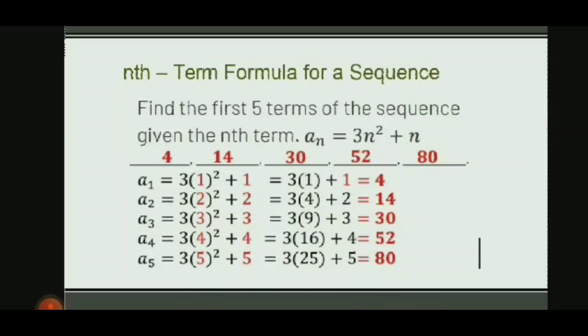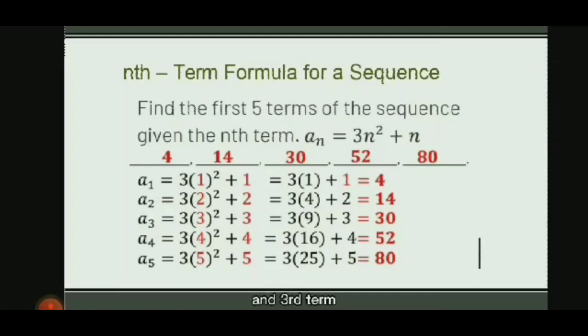We will repeat what we did in the first term. First we substitute and then perform the operation. So 3 times 2 squared plus 2, and 2 times 2 is 4, times 3 is 12, plus 2 equals 14. So it's right.